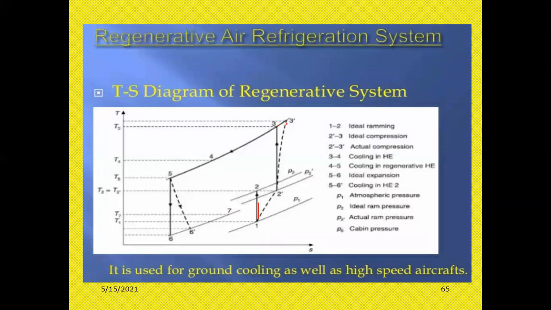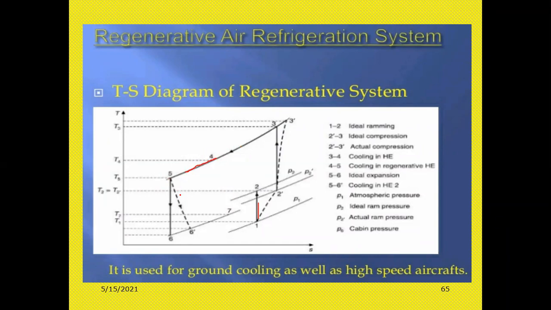Therefore temperature changes here. 3 to 4 is cooling in the regenerative heat exchanger, 4 to 5 is cooling in the regenerative heat exchanger, and 5 to 6 is ideal expansion.